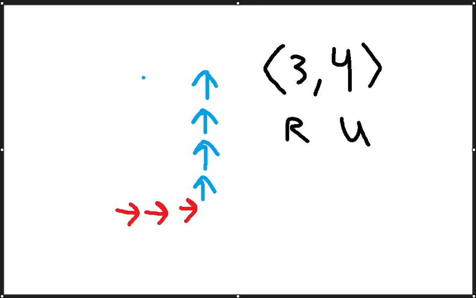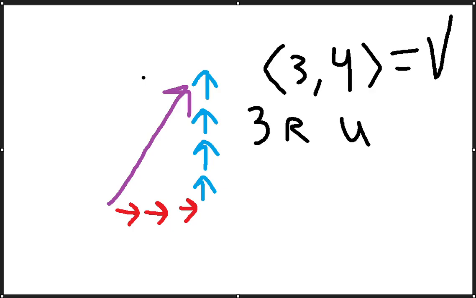And as we add these all together, they will create our vector. So as you can see, the vector is a sum. It's a superposition of the 3 right vectors and the 4 up vectors, which is equal to the v vector.